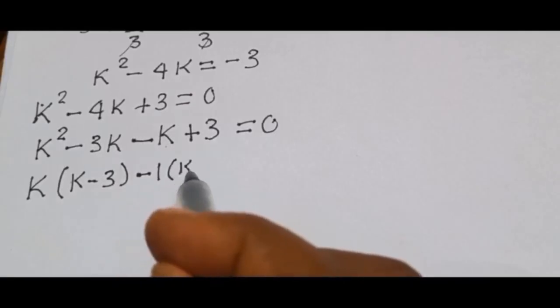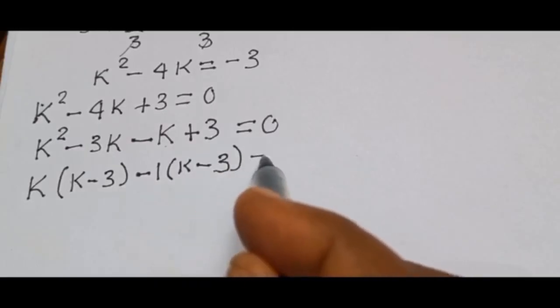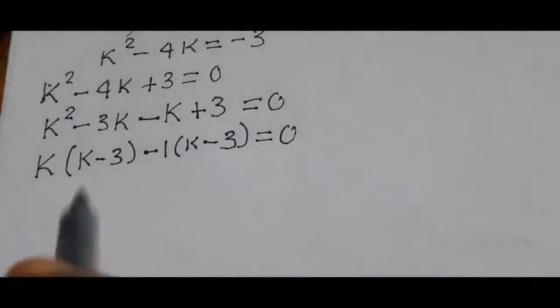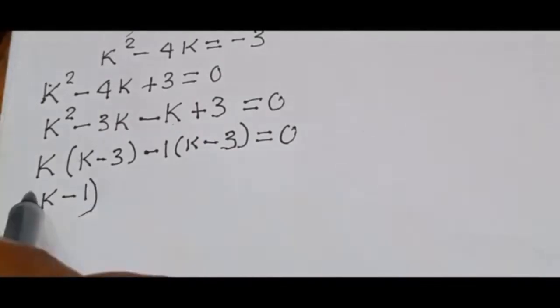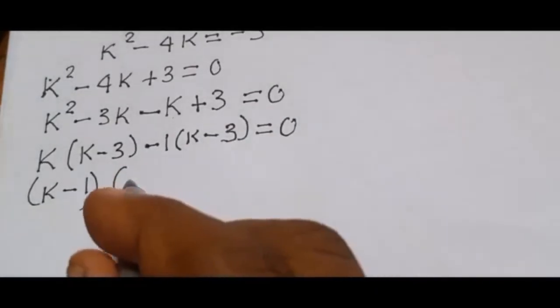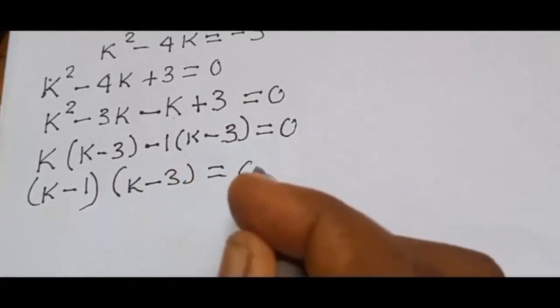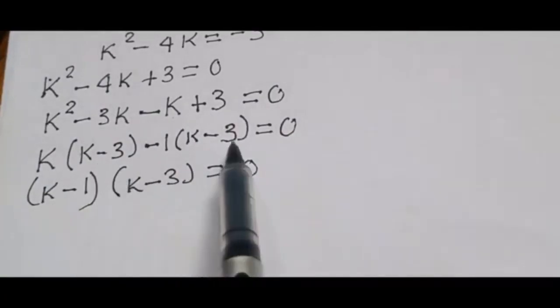Here we have k, here we have negative 3 in the bracket equals 0. So we have k minus 1 in the bracket, here we have k minus 3 equals 0. We have taken this k and negative 1, and then we have taken one of these because they are the same. That's what we have written here.